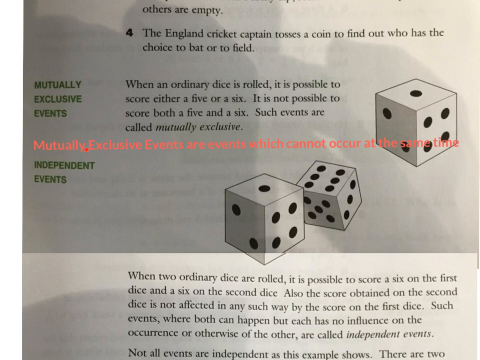If you want to put two examples in your notes, that would be good. I always get you to think of your own two examples for these. The textbook ones would be rolling a 5 or a 6, which are mutually exclusive, and rolling a 5 and an odd number, which are not mutually exclusive. But I'd prefer you to think of your own. If you want to ask me, you can message me to check if yours are right or not.